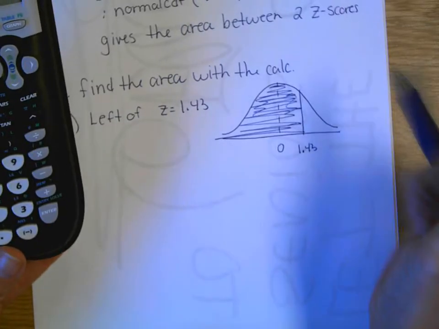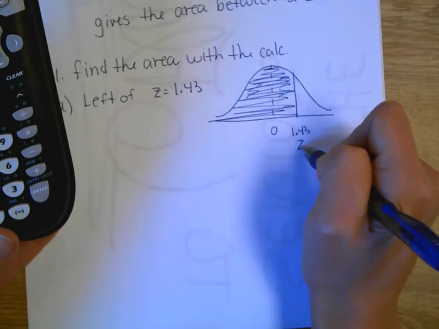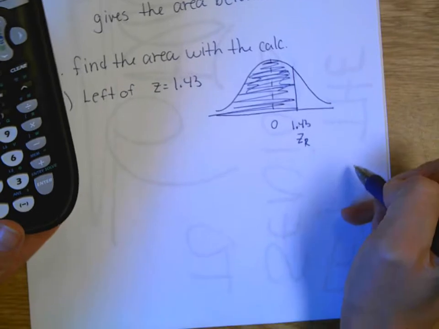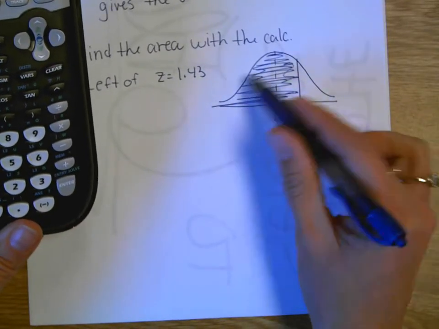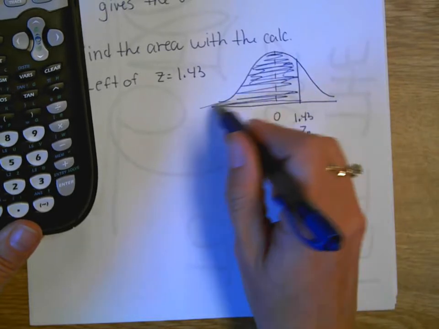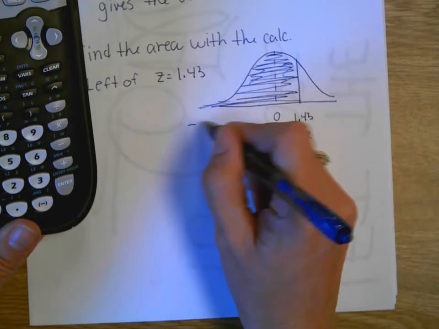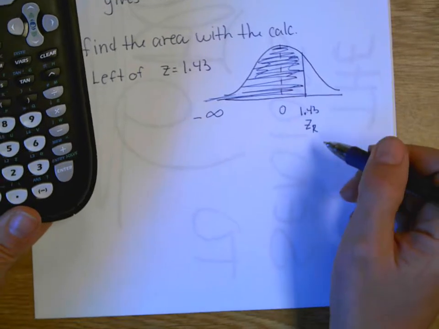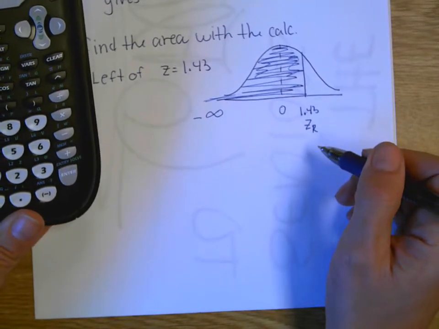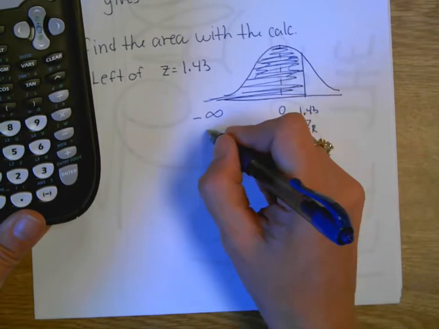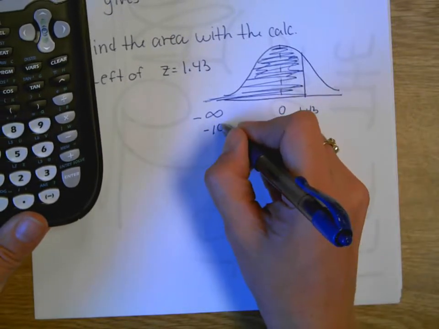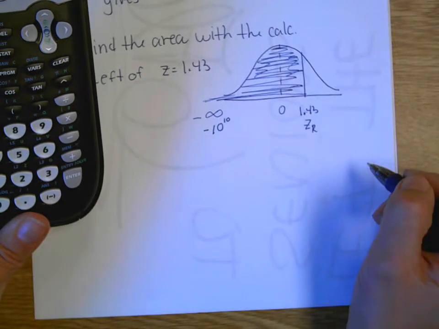So I know the right edge. This is my right z-score, 1.43. I don't want to go any farther to the right. How far to the left does my shading go? Forever. That's negative infinity. We don't have a negative infinity button, so we're going to approximate it by putting in negative 10 to the 10th.